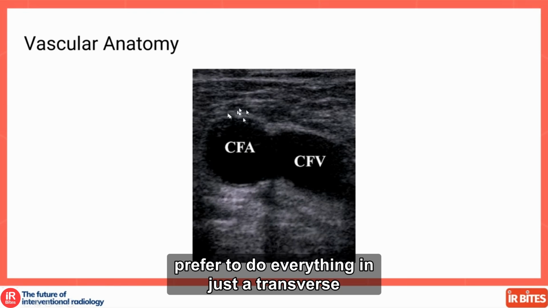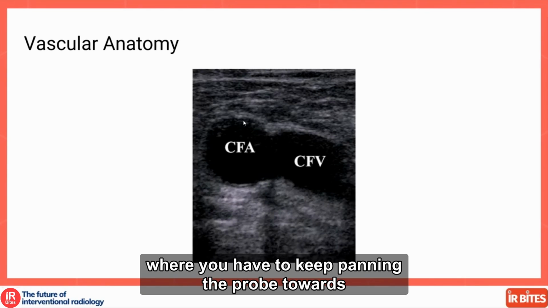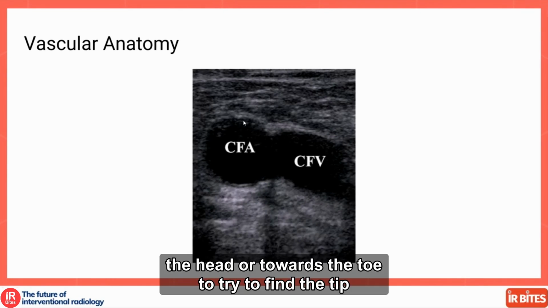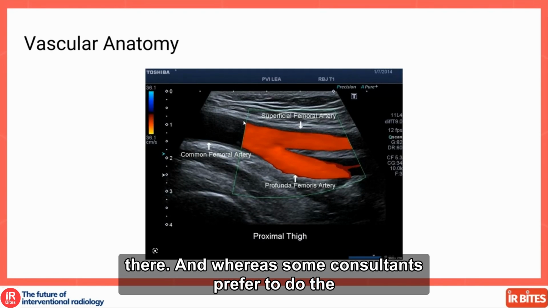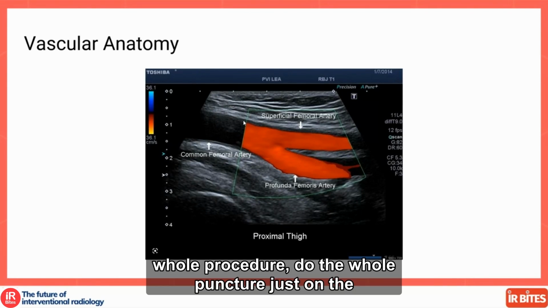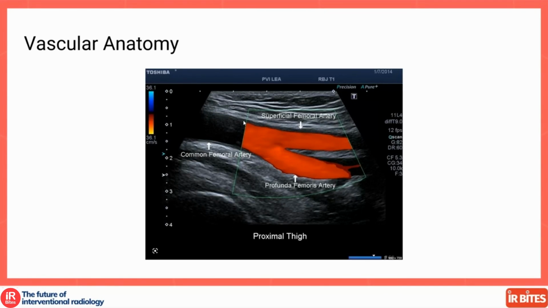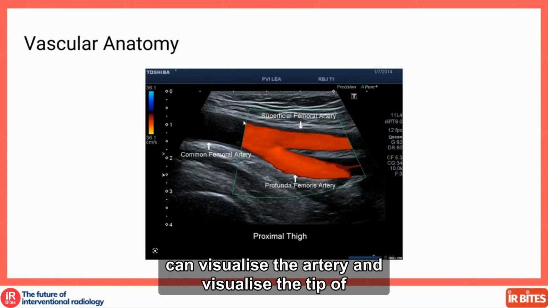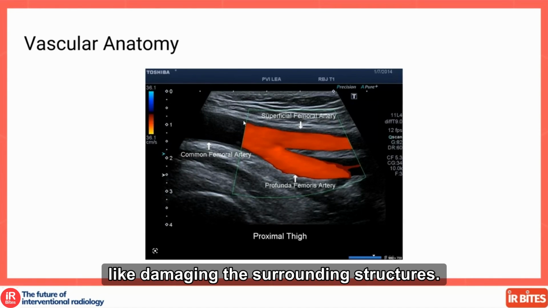Some consultants prefer to do everything in just a transverse view, but that takes a bit of time to get used to, where you have to keep panning the probe towards the head or towards the toe to try to find the tip of the needle and then puncture the artery from there. And some consultants prefer to do the whole puncture just on the long axis view. Every method is safe as long as you can visualize the artery and visualize the tip of the needle so that you know where you are going and not damaging the surrounding structures.